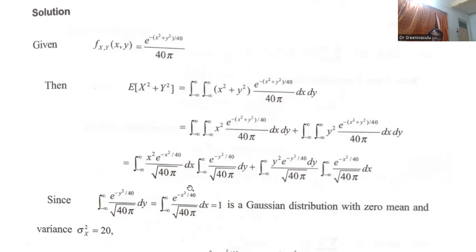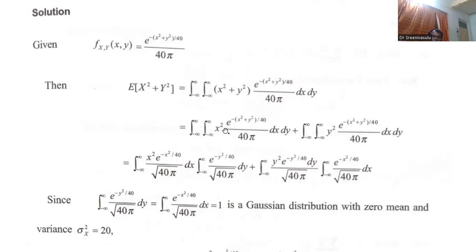Now, if you see this one, it is like a Gaussian density function. Now you see the integral from minus infinity to infinity, e power minus x square by 40 divided by root of 40 pi.